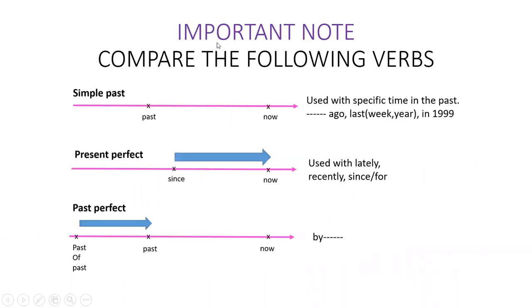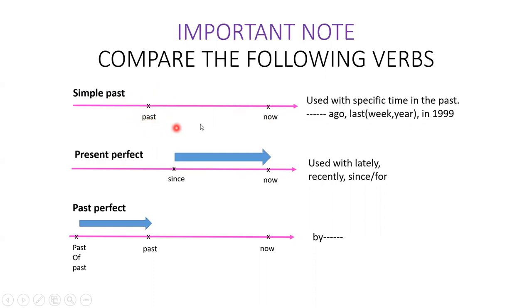This is an important point, and this is somewhat like a summary of these 3 tenses that usually create a problem for students. I would like you to please pay attention to this part because this is really important. So, the simple past on the timeline is represented as a certain point in time. Notice the X here. So, now is the present time. Anything that happens before now at a specific point in the past, we use the simple past tense to express it.